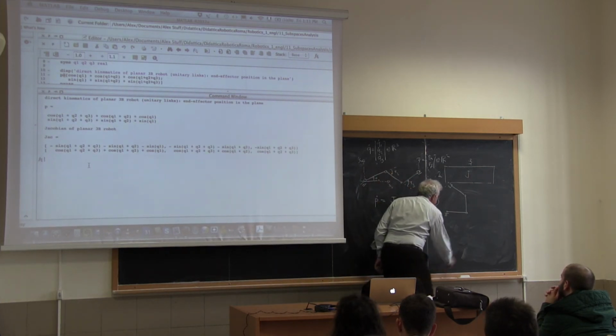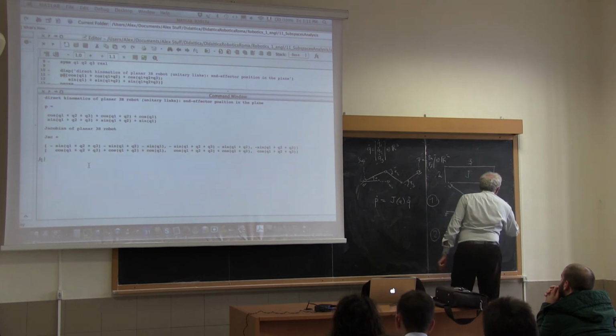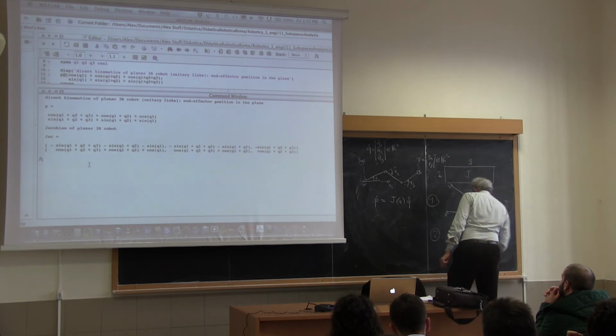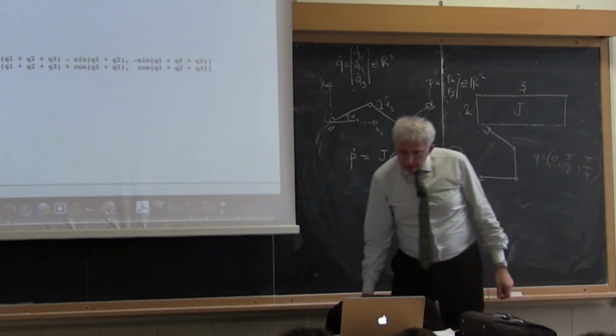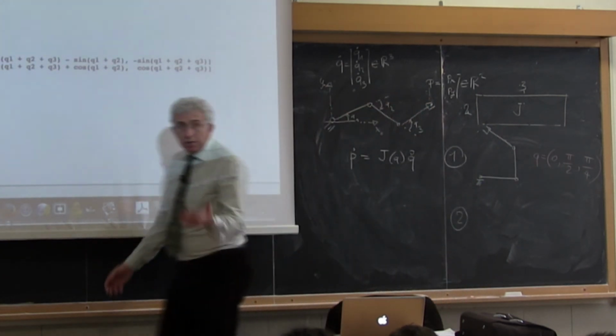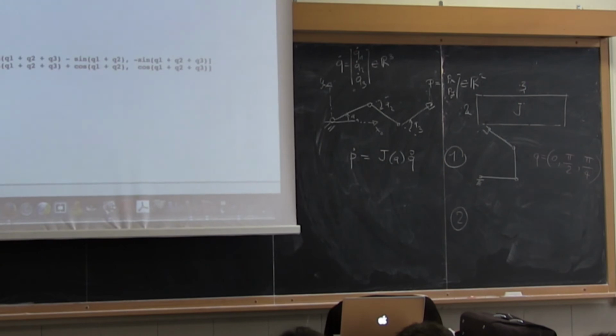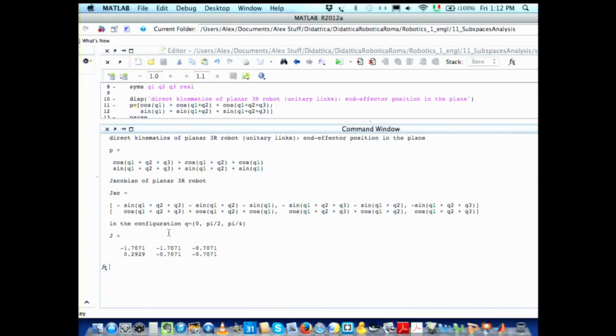Now I evaluate this in this configuration. Let's write the configuration: Q equals 0, pi over 2, pi over 4. If I evaluate this in this configuration, I obtain, I don't know if you see it from the distance, minus 1.7, 0.7, and then 0.29, and so on.